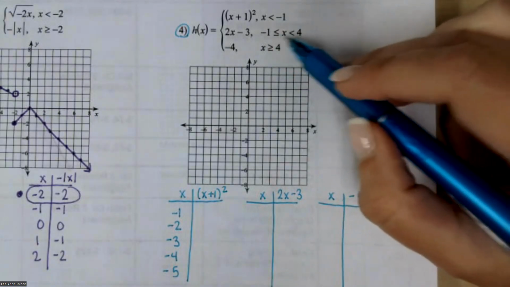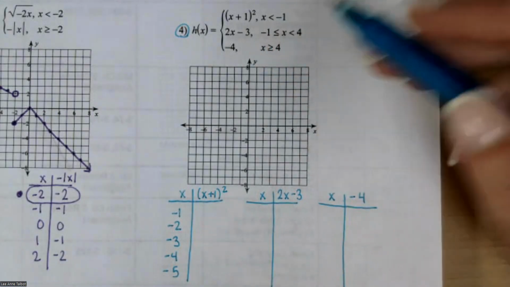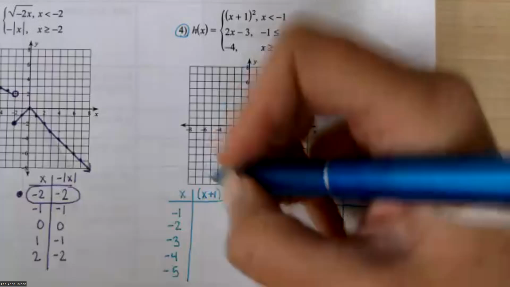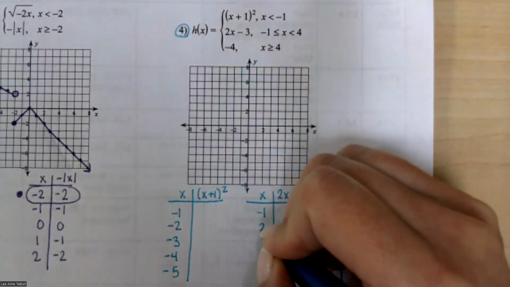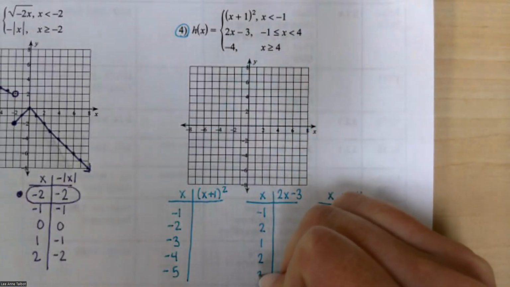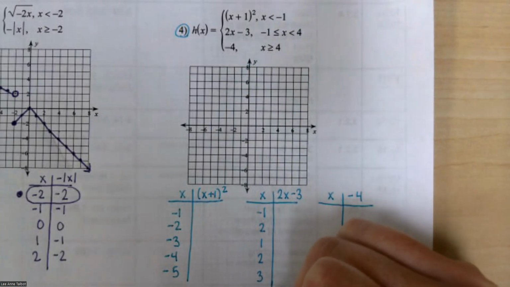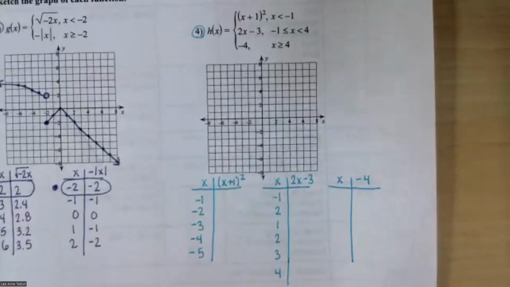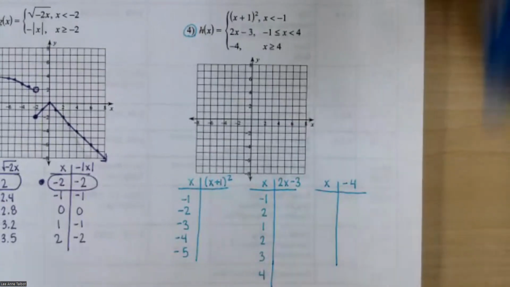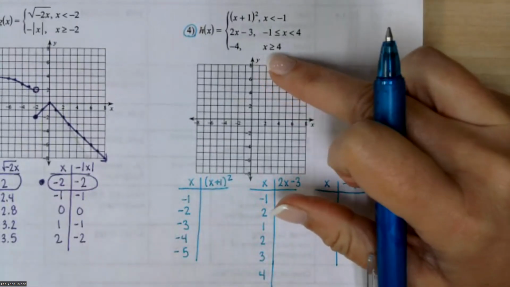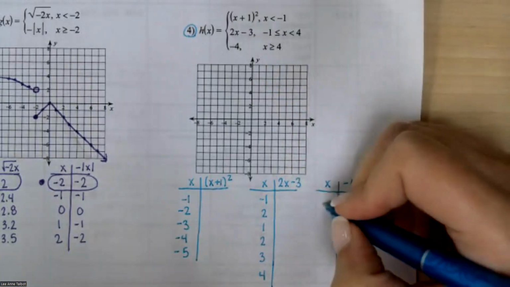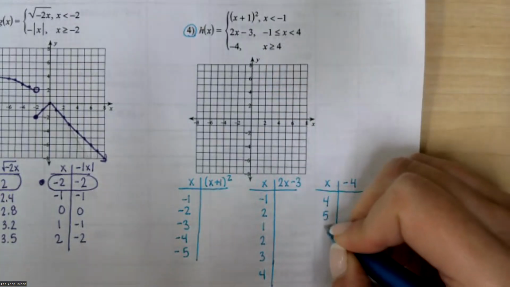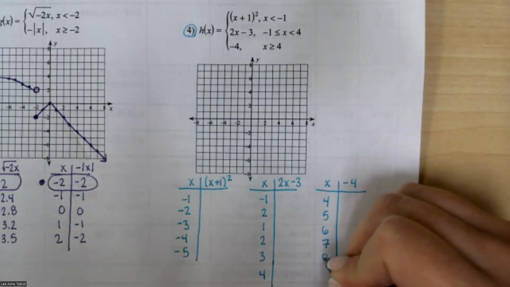Now the middle piece, the line 2x minus 3, tells us to go from -1 to 4. And then the last piece is 4 and up, so 4 and greater and greater.